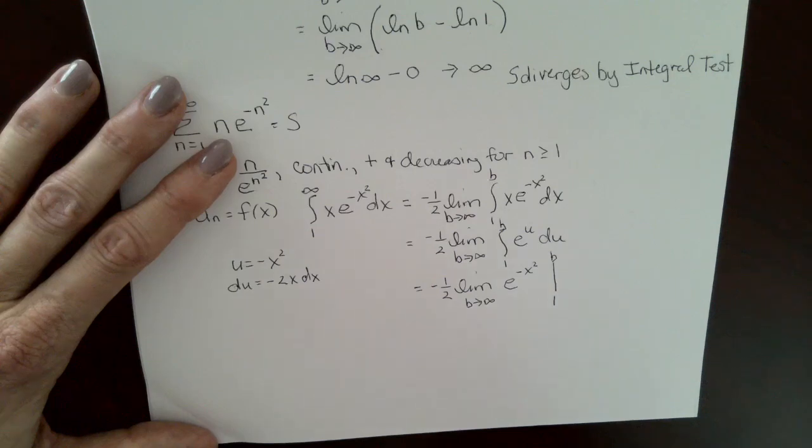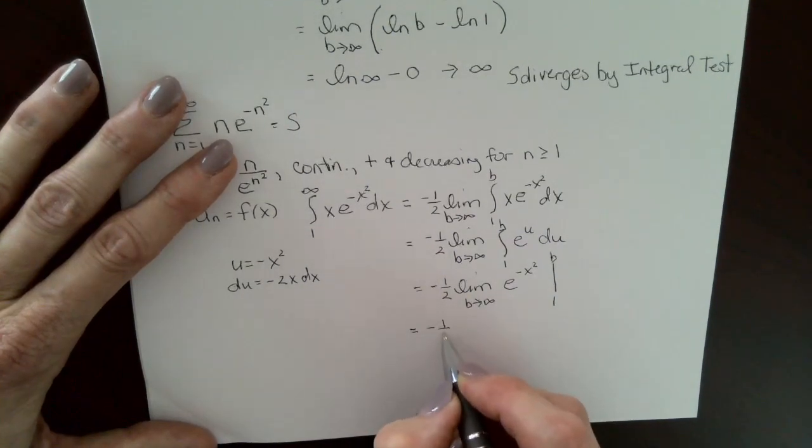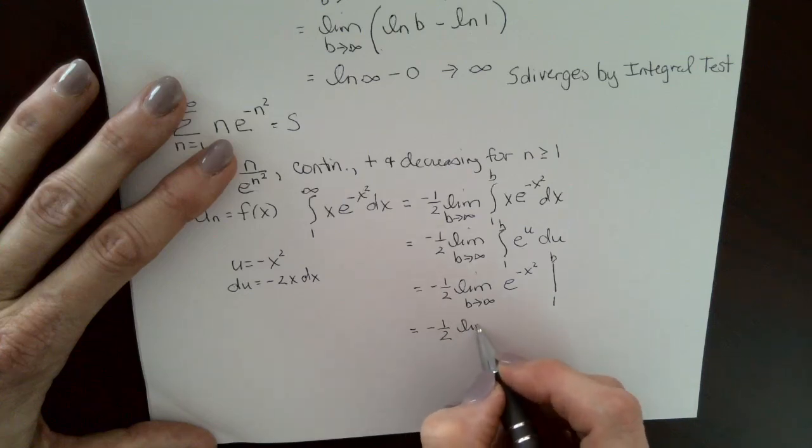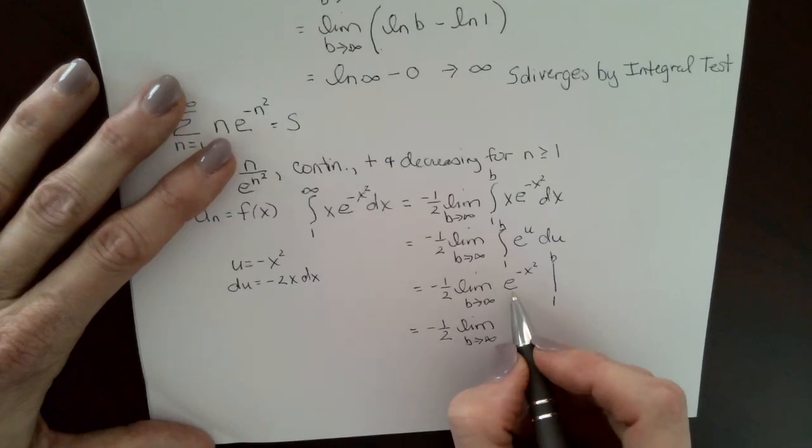Okay? So far so good? So equals negative 1/2 times the limit as b goes to infinity. I can rewrite this as 1 over e to the x squared, right?